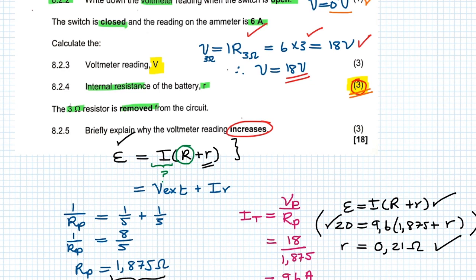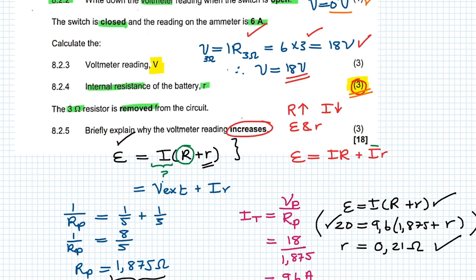Okay, so when we remove a resistor from a parallel connection, then the total resistance or the load is going to increase. Since resistance is opposition to the flow of charge, we know that if the resistance increases, then the current is going to decrease. Remembering that EMF and internal resistance are constant, we now know that E equals IR plus I small r.